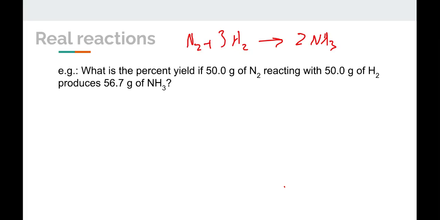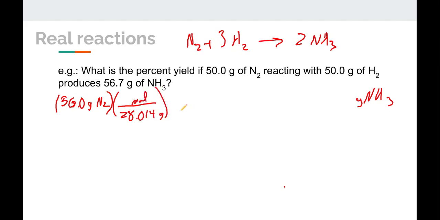I'm going to do the dimensional analysis approach. I'm going to start out with 50 grams of N2, and then I'm going to find out how much NH3 in grams can I make from that. So the first thing I have to do is use the molar mass, which is 28.014 grams per mole, and that gives me moles of N2.